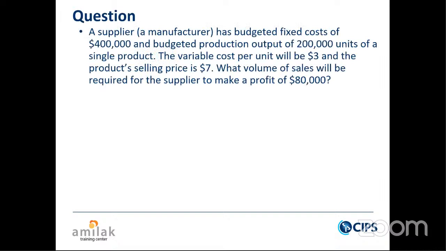A supplier, who is a manufacturer, has budgeted fixed costs of $400,000, and budgeted production output of 200,000 units. Now, here's the point. Fixed costs do not change in spite of the amount of items produced.